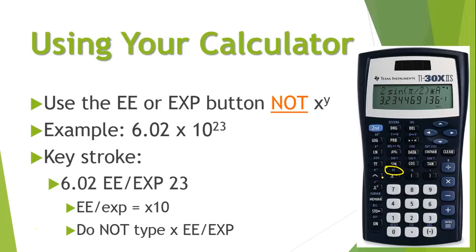So why don't you try it? Type in 6.02 times 10 to the 23rd. To put this in your calculator, you're going to type in 6.02, then second EE, 23. You'll notice that your calculator is going to give you 6.02E23, or that's what it'll look like when you type it in.